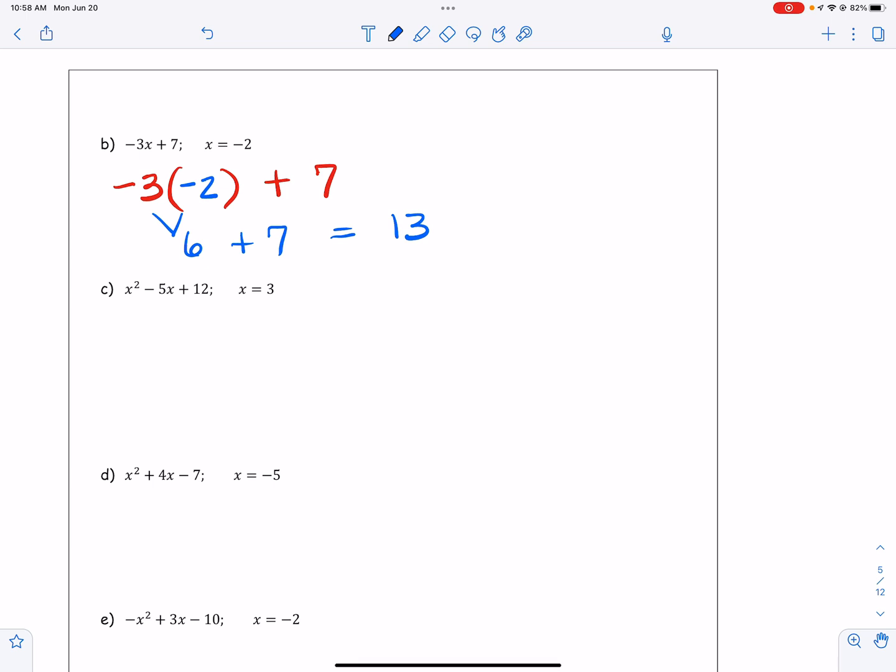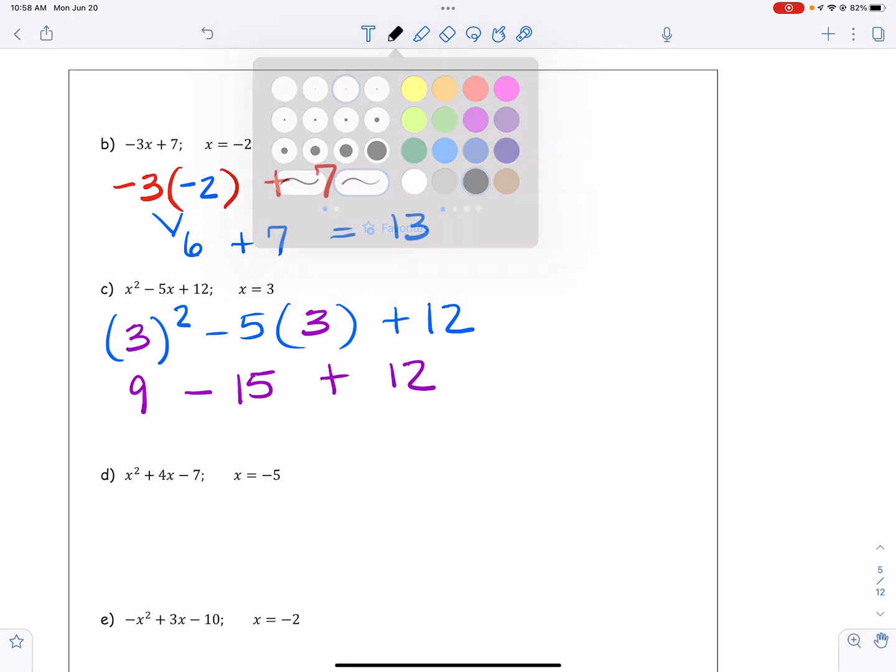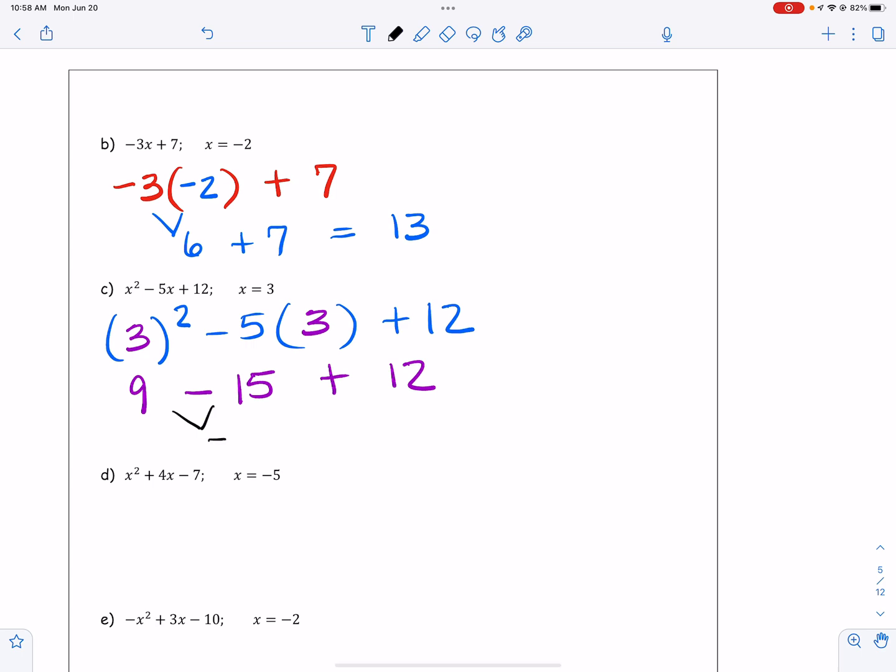For the next one, I've got several x's, but I've got parentheses for x squared minus 5 parentheses for x plus 12, and I'm going to insert a 3 in both of those parentheses. 3 squared is 9, minus 5 times 3 is 15, plus 12. Then I follow 9 minus 15 is -6, plus 12 is +6.